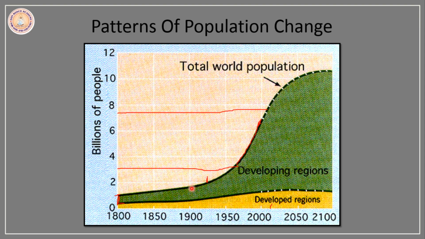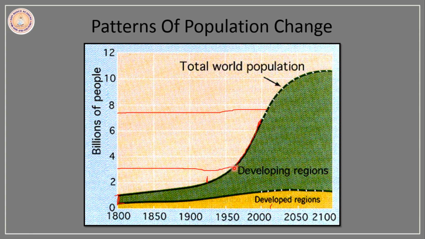So you can see over here that the Industrial Revolution took place during this time, in the middle of the 19th century, and as the Industrial Revolution occurred, better medicines also started to be made available.